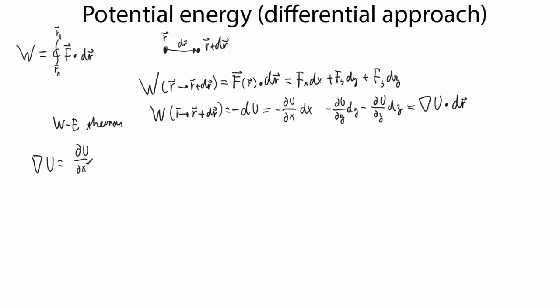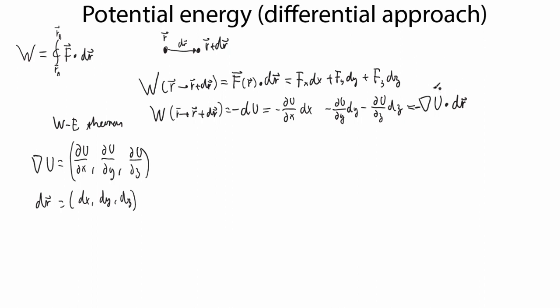Just to remind you, the gradient of U is the vector dU/dx, dU/dy, and dU/dz. If you take a scalar product of that with dr, which in this case is just dx, dy, dz, you get exactly what we have here. Oh, there's a minus sign in front there too, very important.